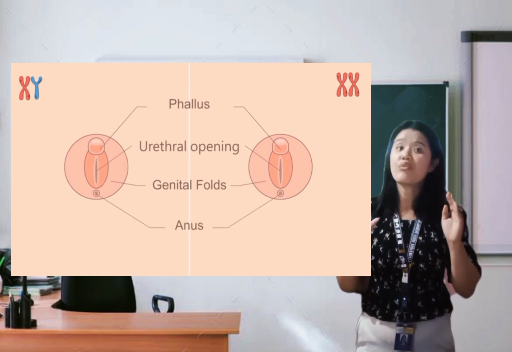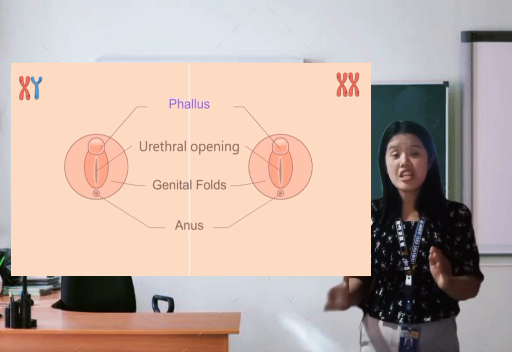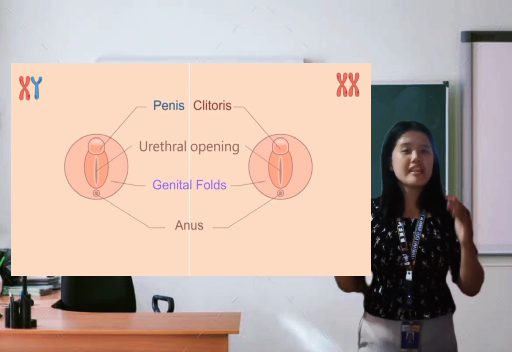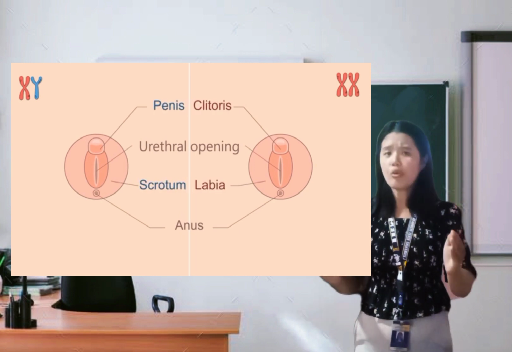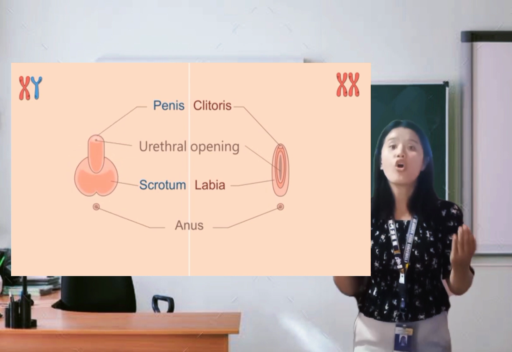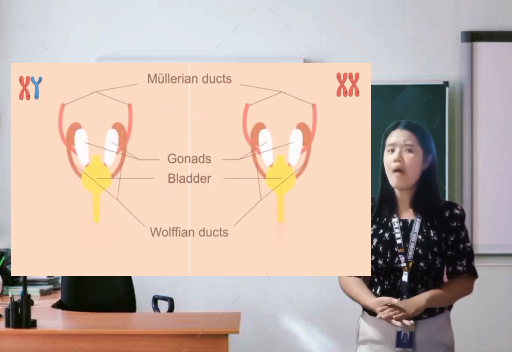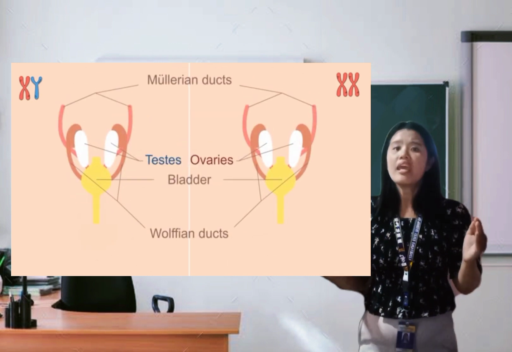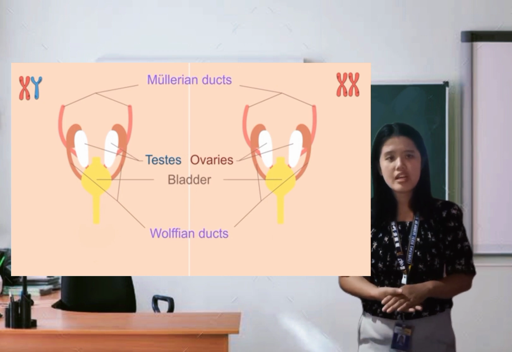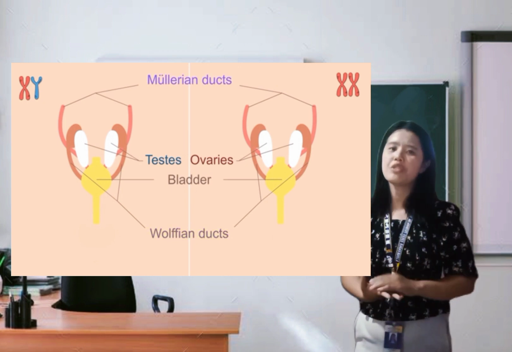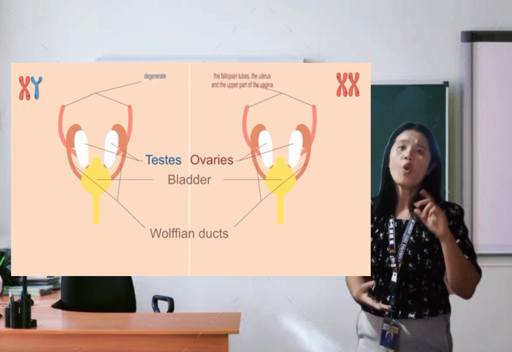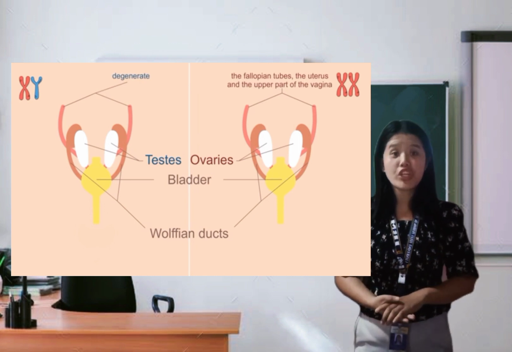The phallus will develop into either a penis or clitoris, and the genital folds will develop into either scrotum or labia. Inside the abdomen, the gonads will become either testes or ovaries, and there are two sets of genital ducts. One set is the Mullerian ducts.